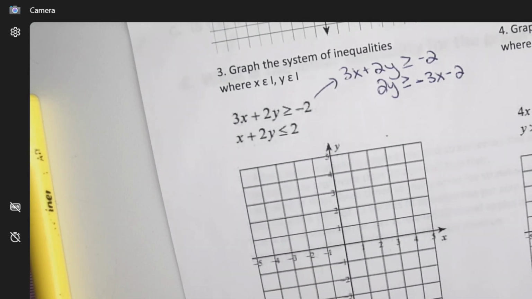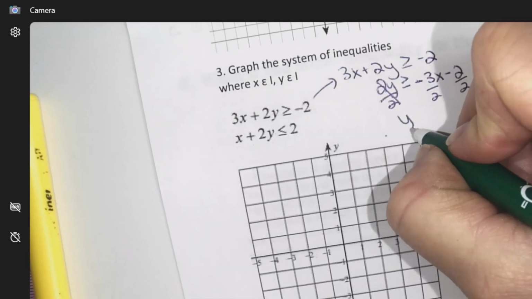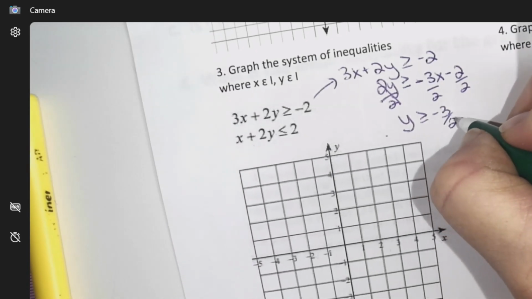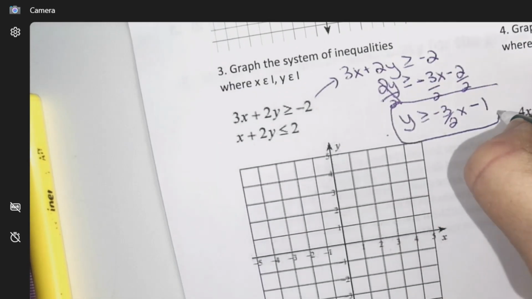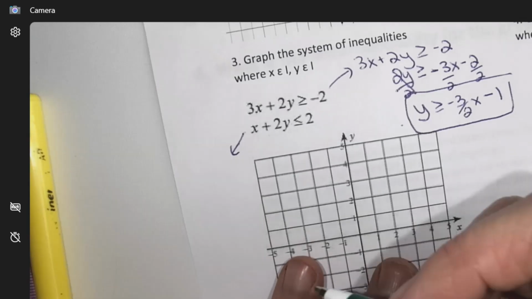Okay, so there's my x move. Y alone, divide. Okay, I'm going to do this one as well. So this is just the algebra stuff.